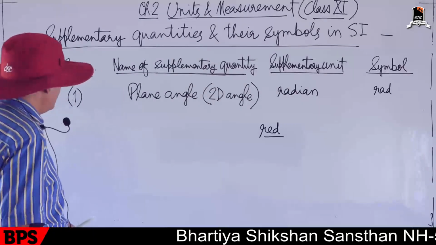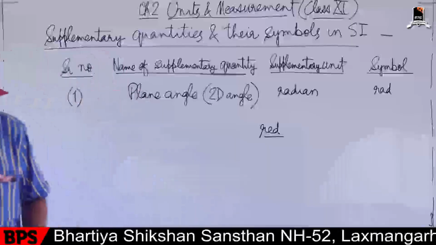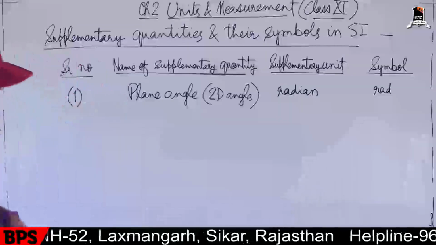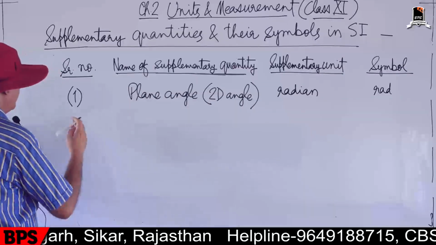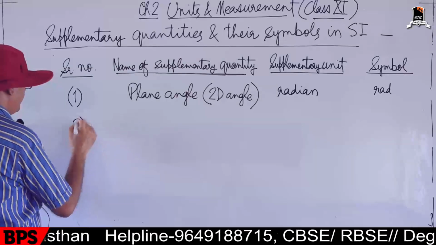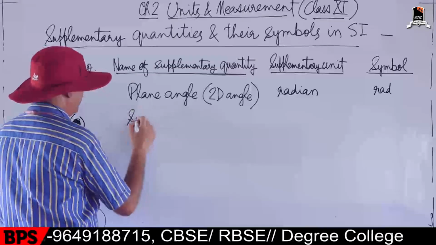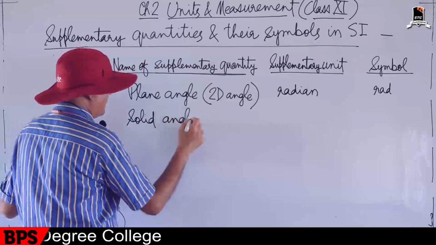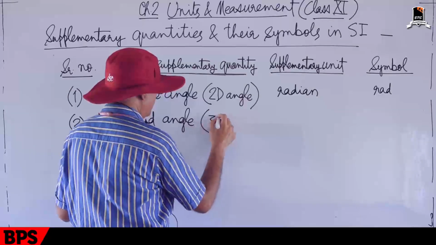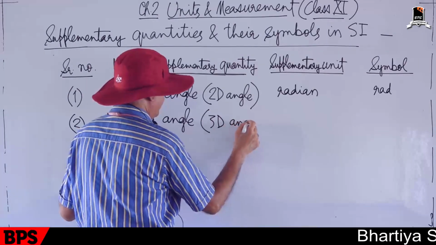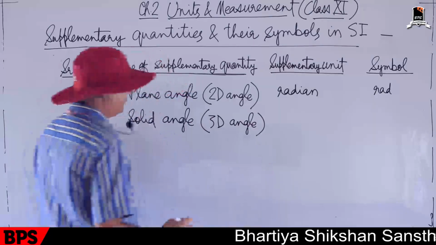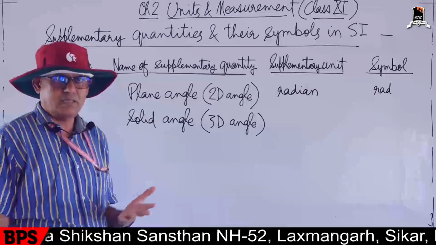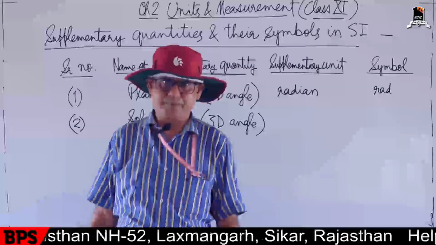And the second one is for the three-dimensional angle. Number 2, solid angle. That is three-dimensional angle. Now, the angles are coming outside of the paper.